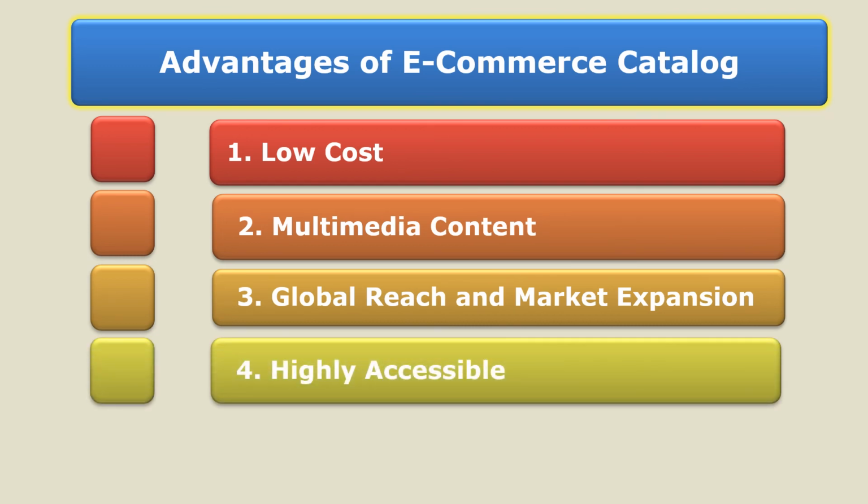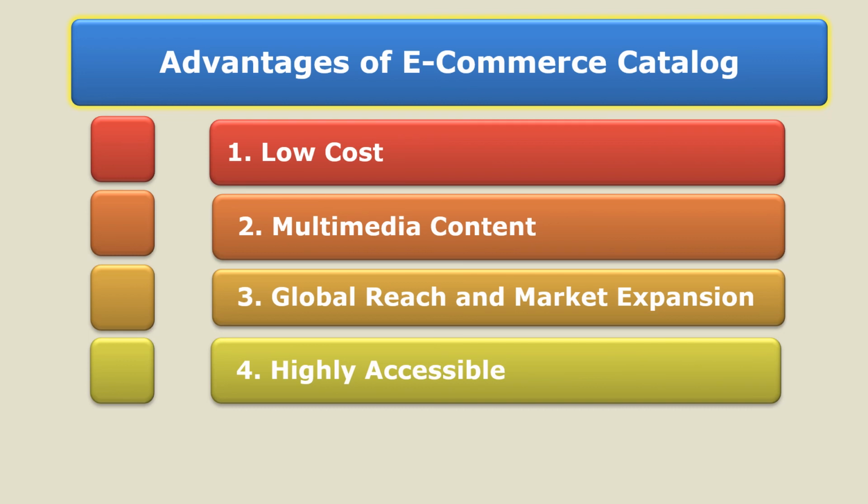Next one is highly accessible. The e-commerce catalog can be accessed on any device that has internet connectivity. Nowadays, there are different types of electronic devices like mobiles, television sets, desktop computers, laptop computers, or tabs.